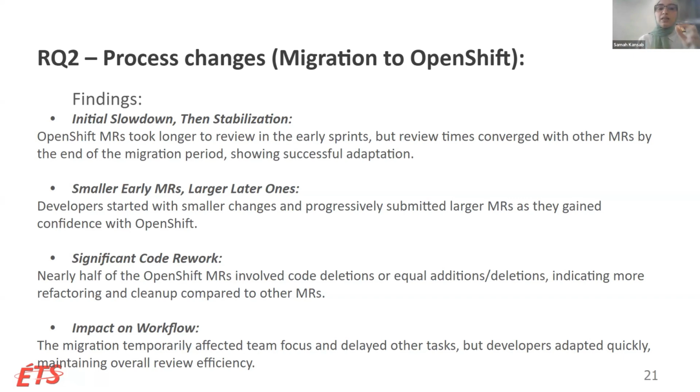So in the beginning, we see that people start by asking for small changes. Then with time, the changes get larger. Also, we see a significant code rework. So if we analyze the nature of the changes done during the code review, we see that people are replacing the existing code instead of adding. So they are just refactoring what exists to adapt it to the new technology.